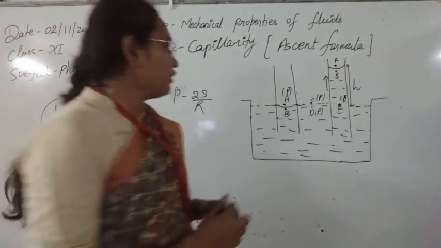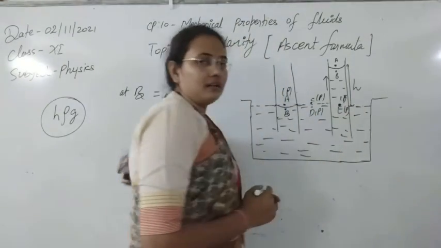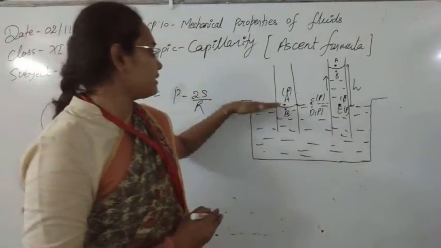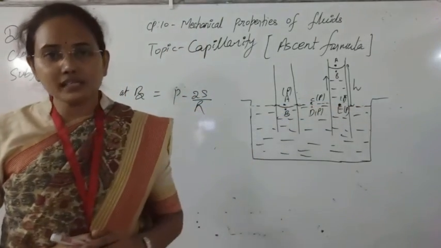Now you can see at point E the pressure becomes P, meaning our system is along the same horizontal line, and at all points the pressure is now the same.